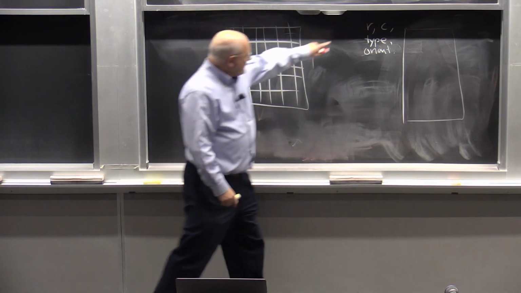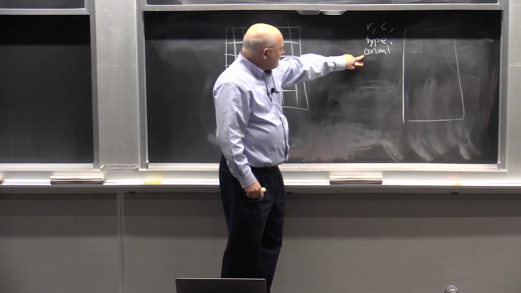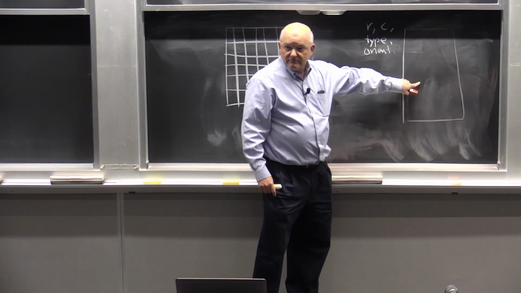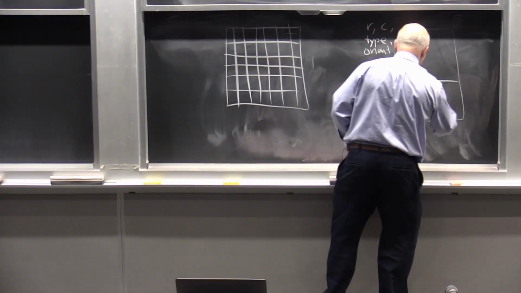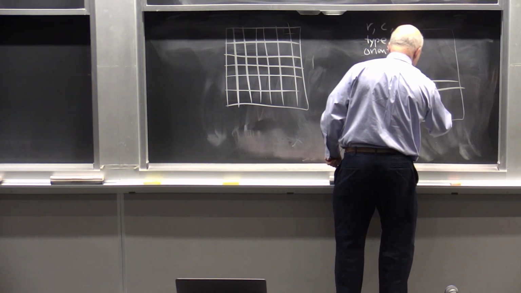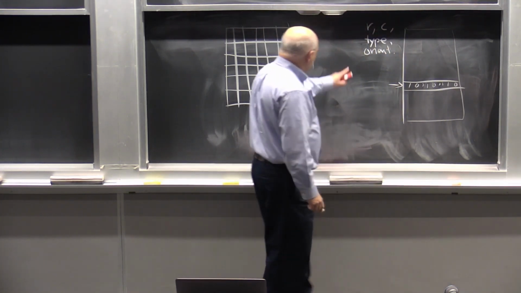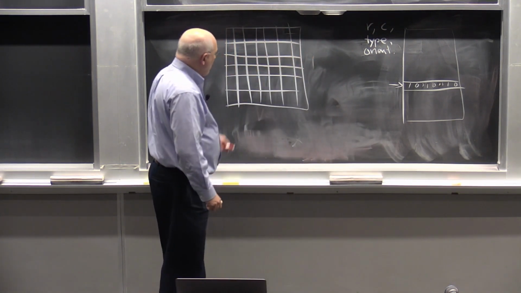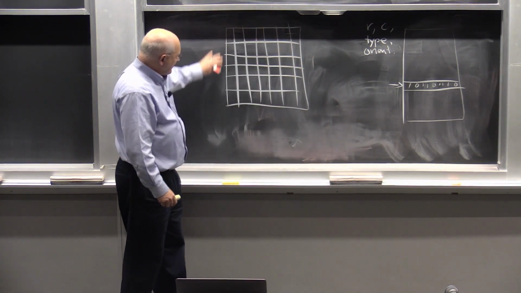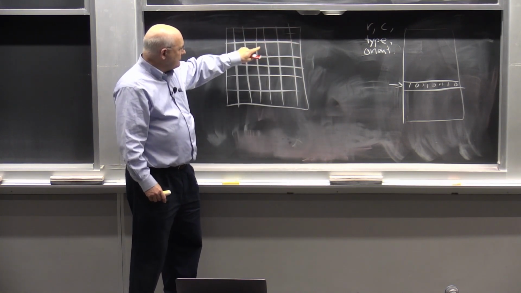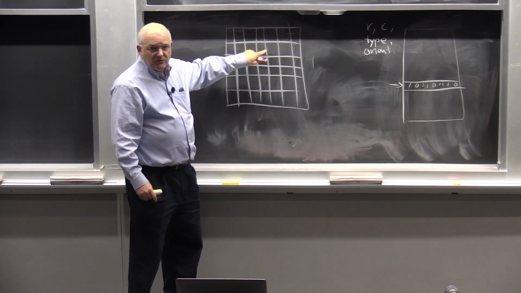And every different combination of row, column, type, and orientation corresponds to a different random number in the table. Okay? So we have some sort of random number there. And my hash function is the XOR of all of the values of all the pieces that are on this table with their orientations.